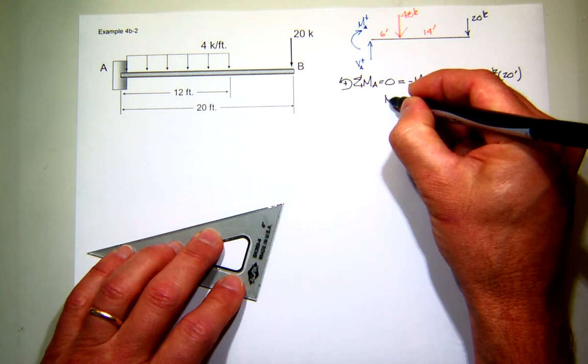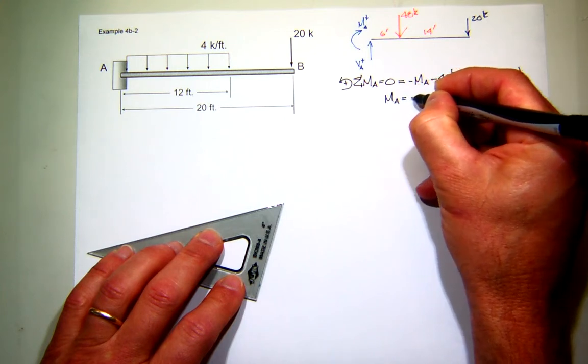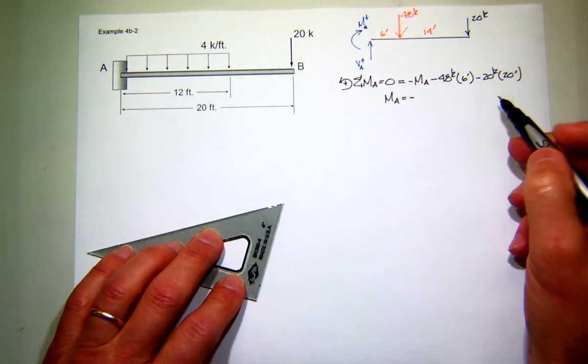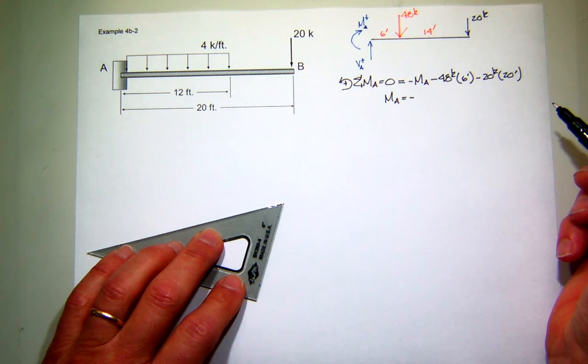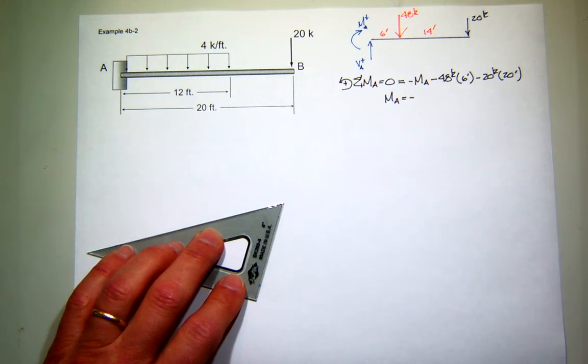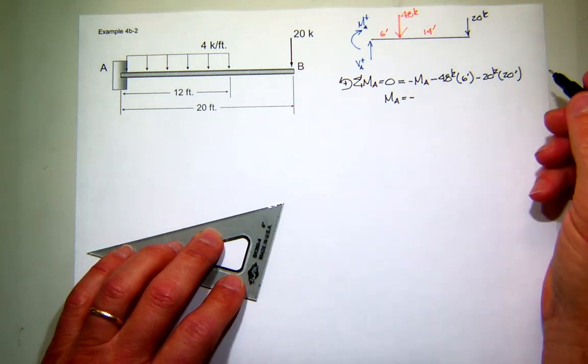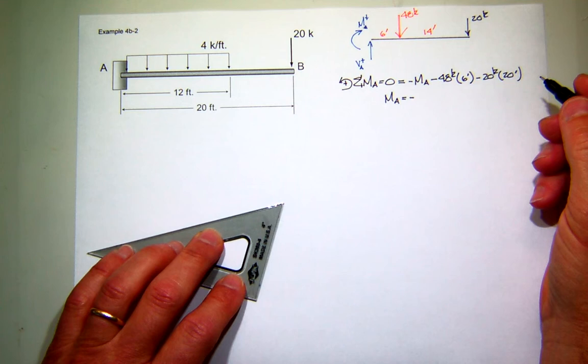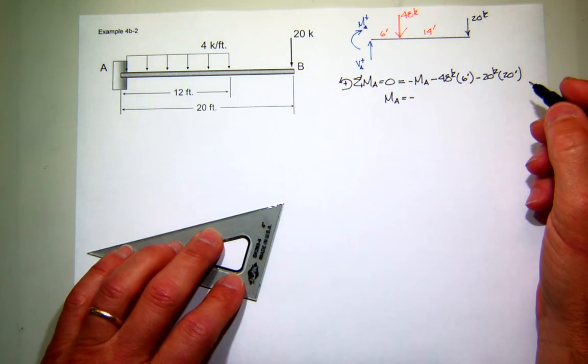So I can now solve for my moment at A. It looks like it's going to be negative. It's nearly 700. What is it? 688? 588?